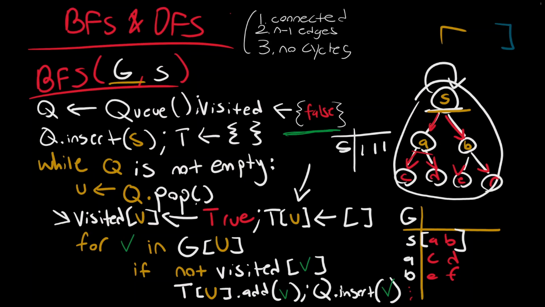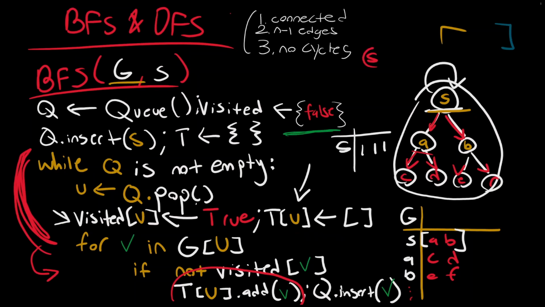So again, for this for loop, once we've popped our thing off the queue, we're now going to look at all of its neighbors. Can we put all of its neighbors in the queue? So have you been visited, neighbor? If it hasn't been visited, okay, good. We're going to add you to the entries for t to build out the tree.